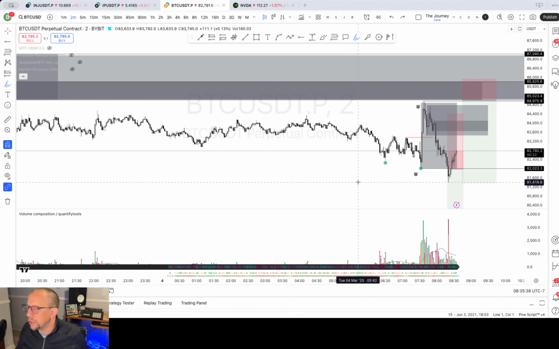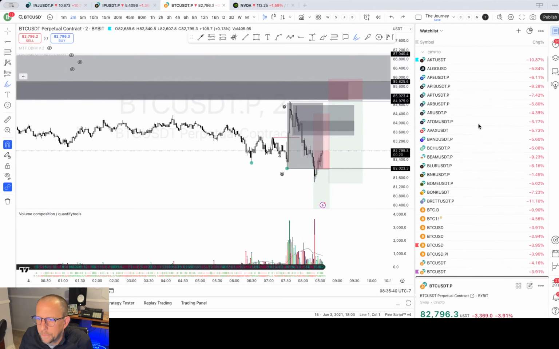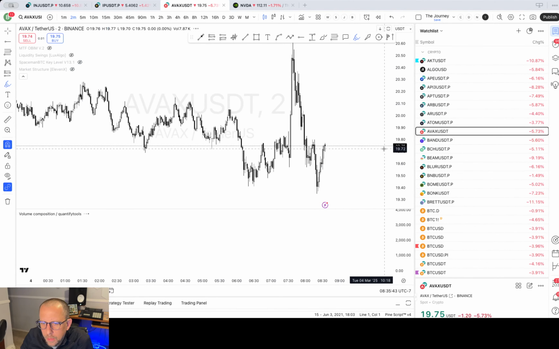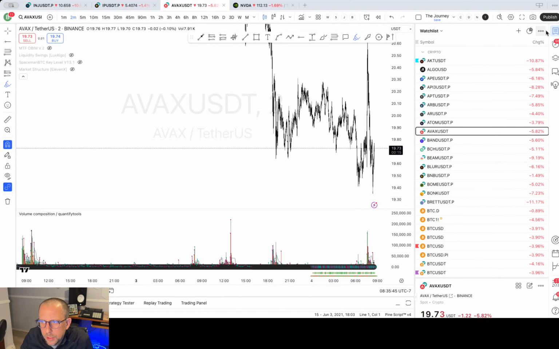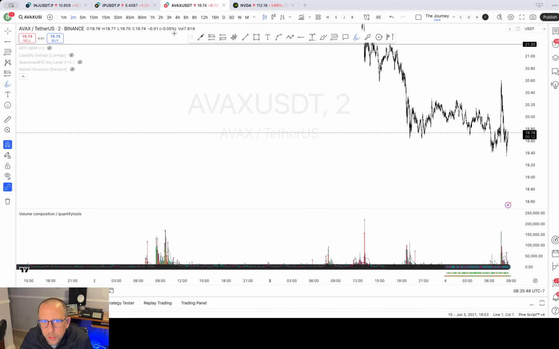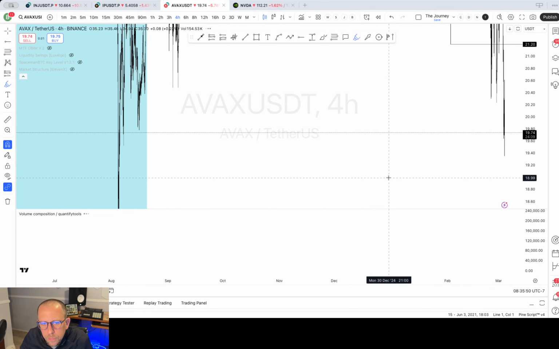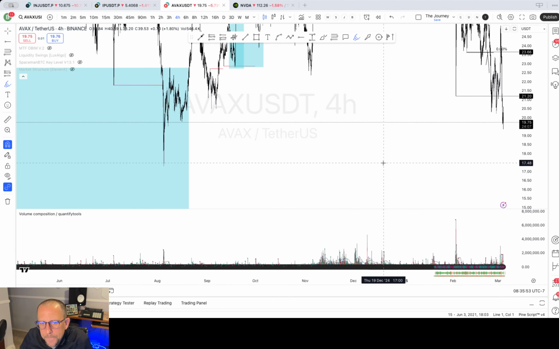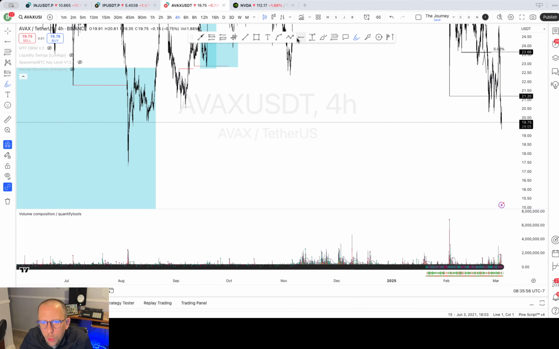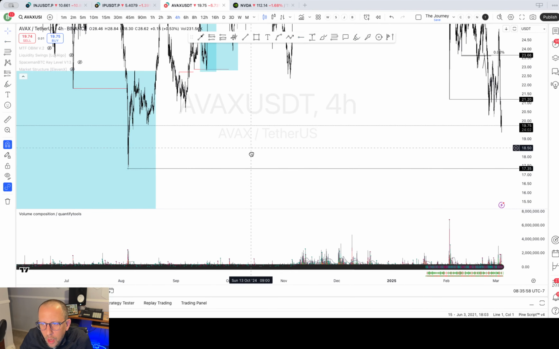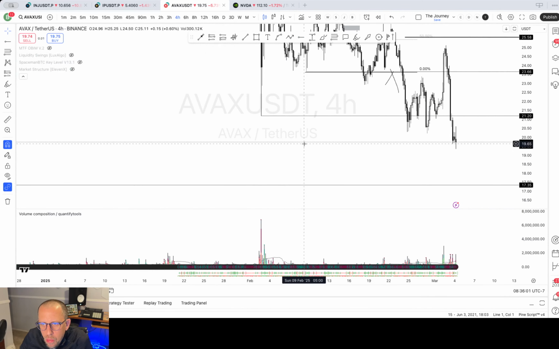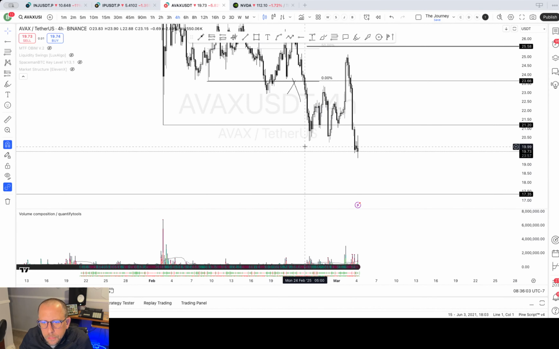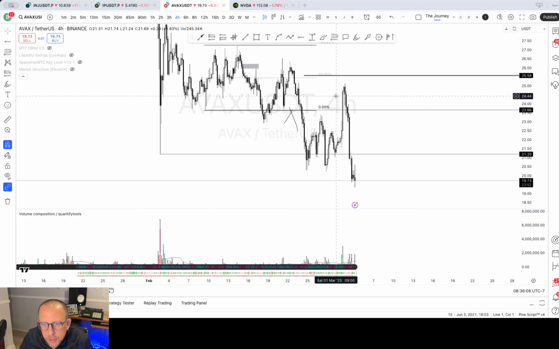AVAX wants to reverse so bad. Oh, we didn't look at AVAX. Let's take a look. I'm sure it looks just like everything else. Yeah, as far as I'm concerned, this is the Bitcoin chart. We're all the way down here. We have an opportunity to take that low. We lost this range, back tested up into this top section of supply here. We lost this low again. This goes down.